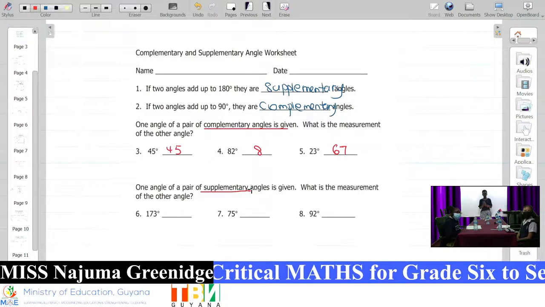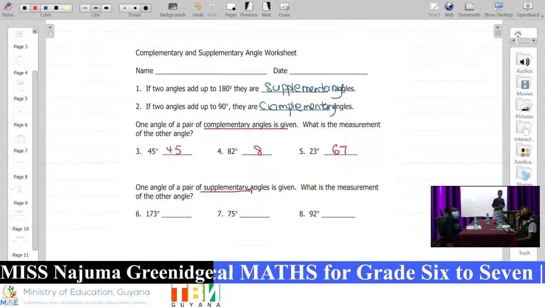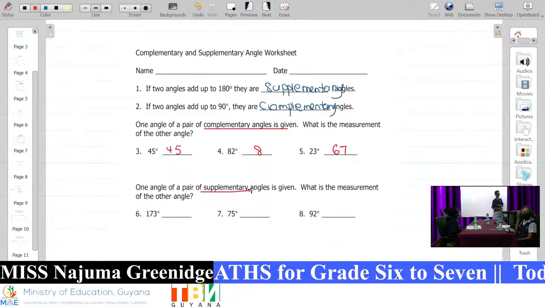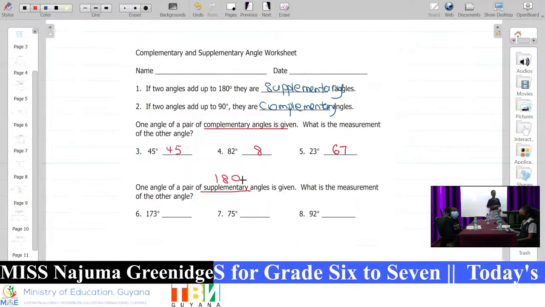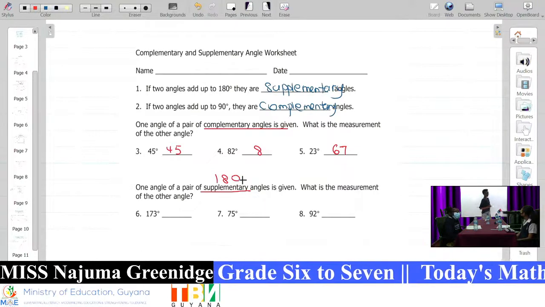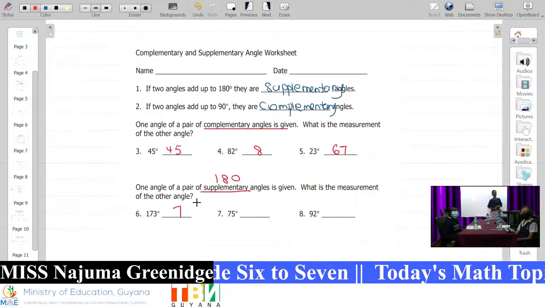Supplementary, how much in total? How much does the angle measure in total? 180. Great. So 173, and how much makes 180? 7. Yeah, that's it. All right, so we stop here for today.